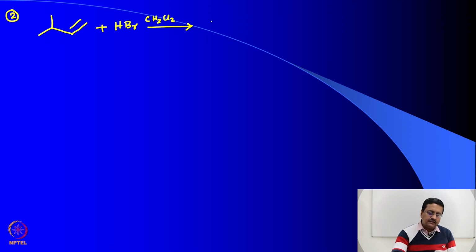You can understand that of course it will go through the formation of carbocation, and the more stable carbocation that is formed in this reaction is this one compared to the other carbocation which is less stable.